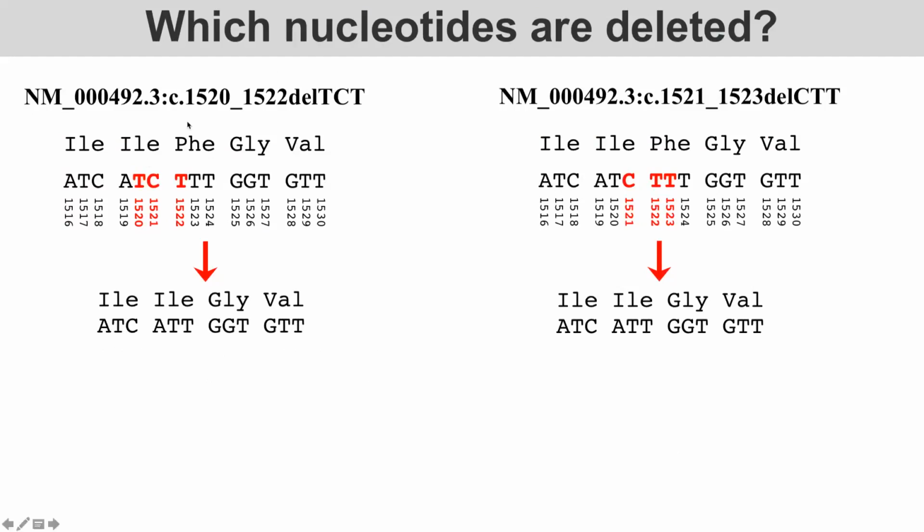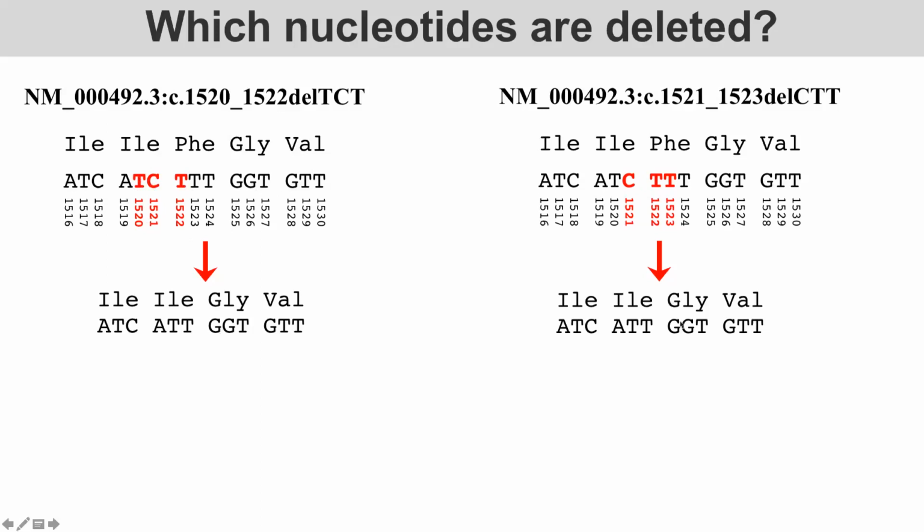So for example, if you're deleting the TCT, from position 1520 to 1522, you can see that if you deleted this T, C, and T, these 2 T's from the phenylalanine would move on over here to complete this A, which would stay as an isoleucine, and then you would still get the G, GT, GTT for the glycine and valine. So you would just be missing that phenylalanine.